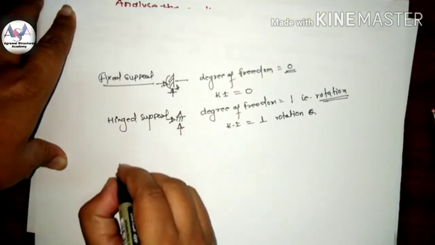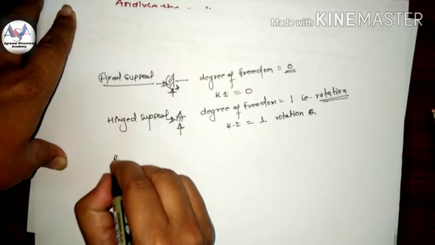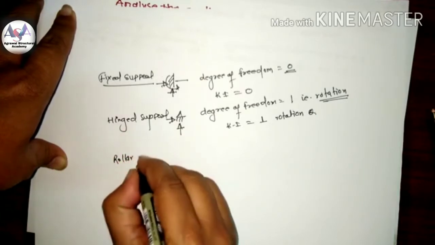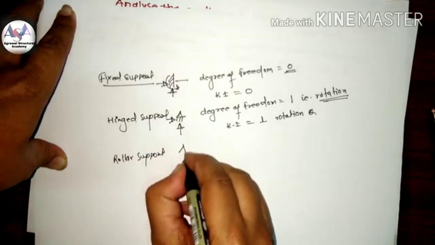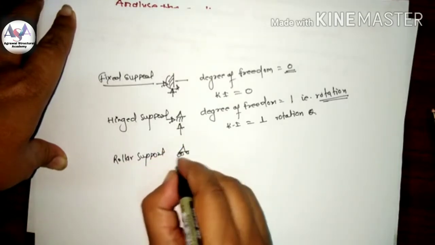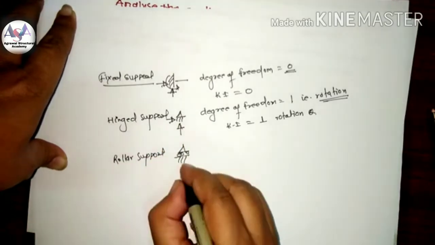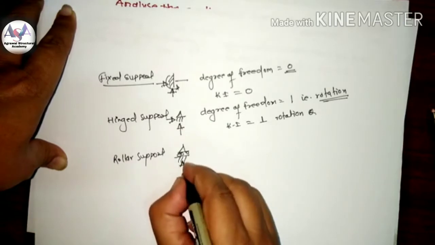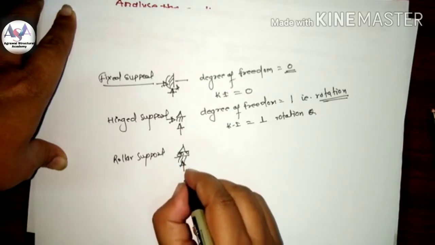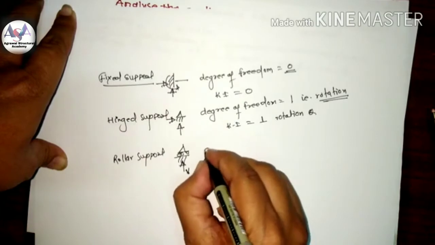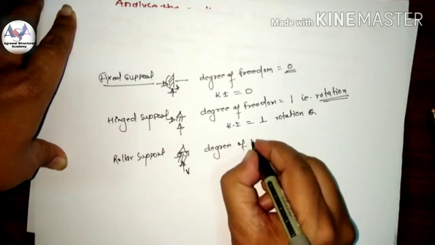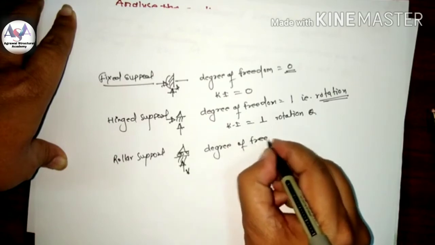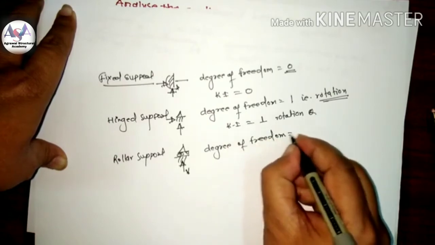Now the third one is a roller support. Now here, this has only one reaction, vertical V. So here the degree of freedom is 2.